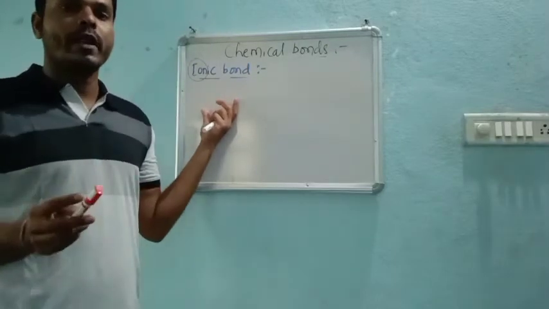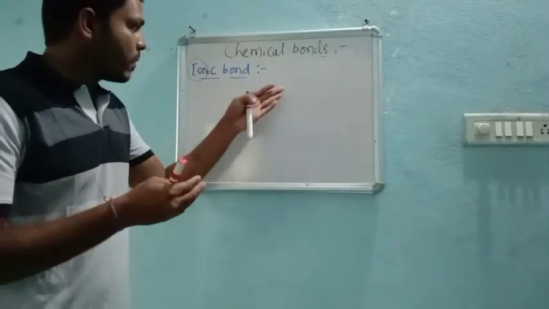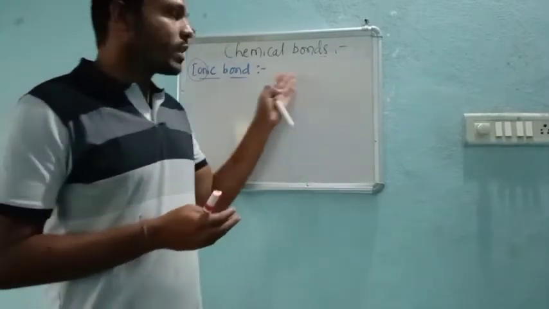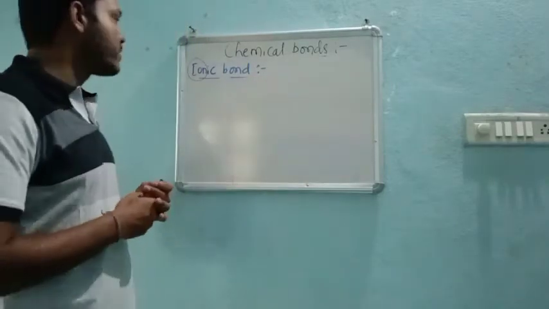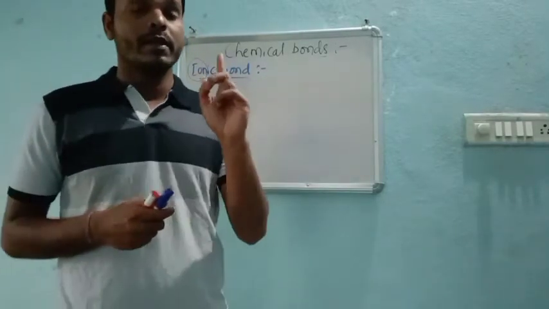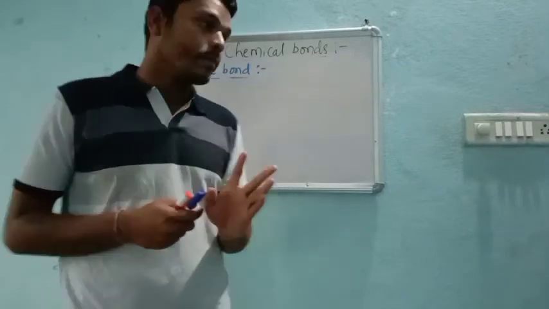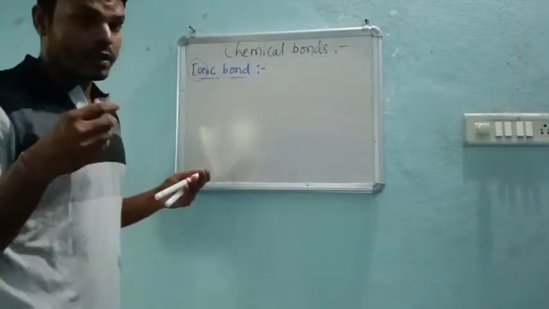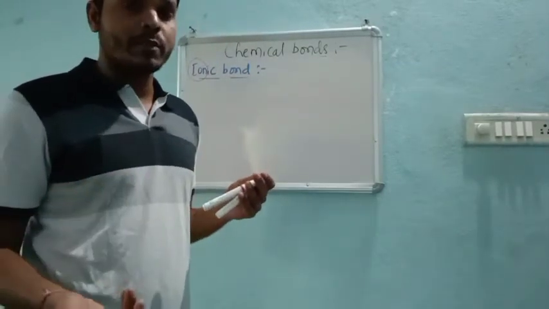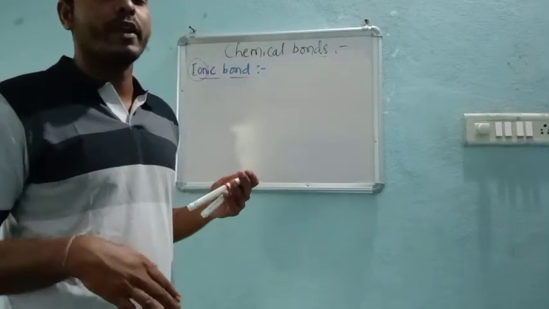So ionic bond is nothing but, by using this methodology, ion means definitely the charged species, right? The charge may be the same charged species or it might be a different charged species.